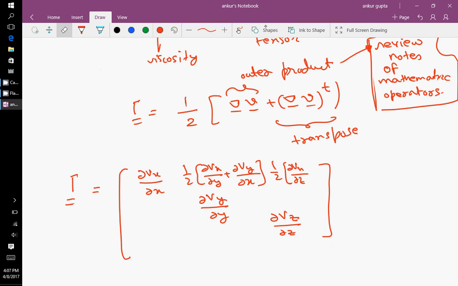So you have read in your maths courses about a symmetric matrix.